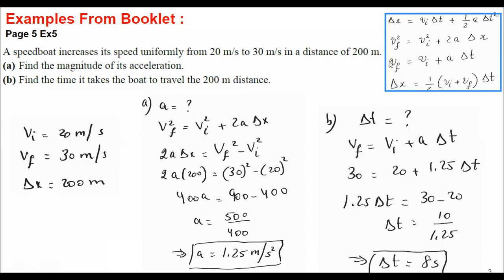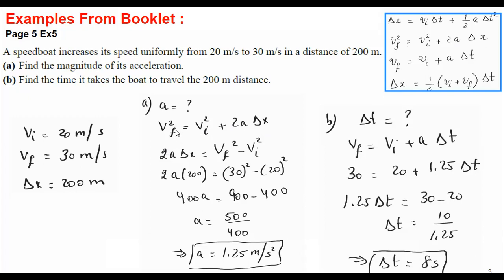I look at all these equations. Which one has VF, VI, A, and delta x? It's equation number 2. I have VF, VI, acceleration, and delta x. So VF square equals VI square plus 2A delta x.